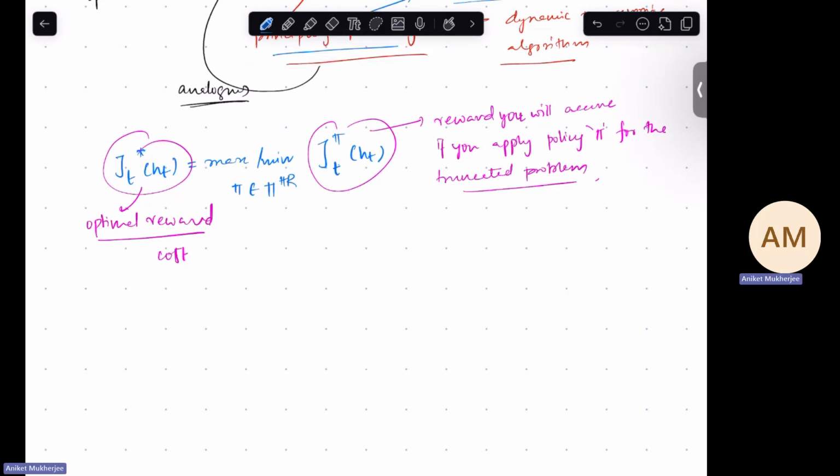So when I say it is the reward for the truncated problem, what do I mean?